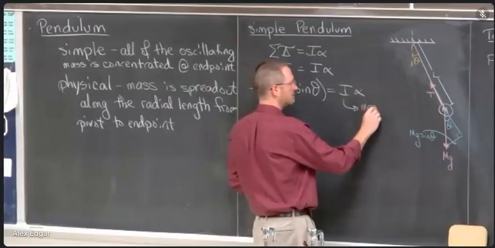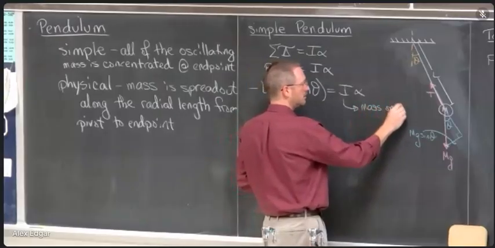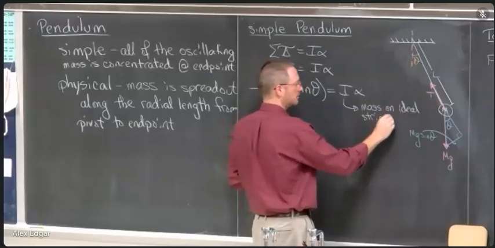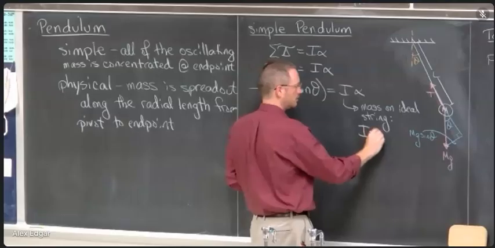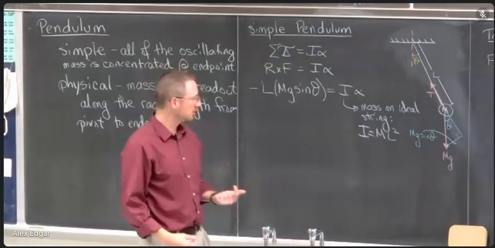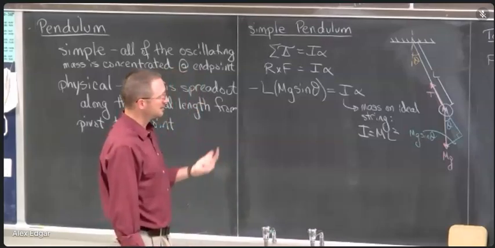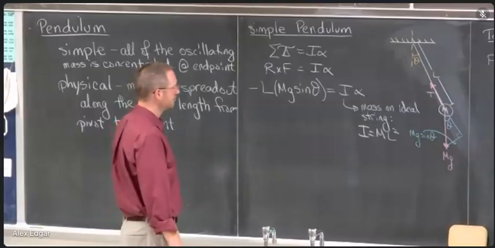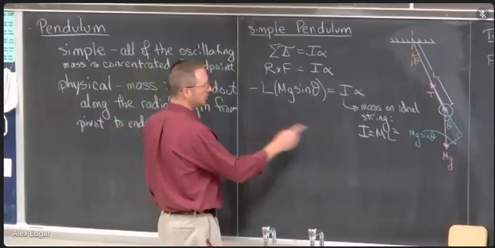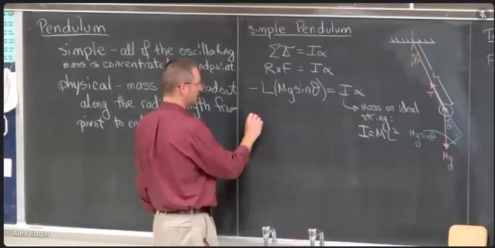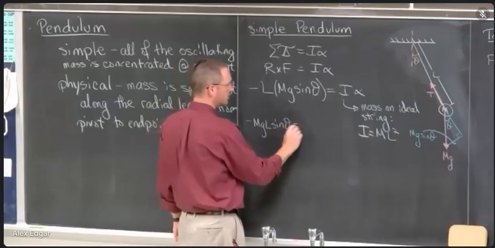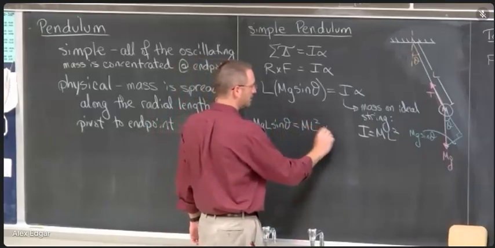So mass on an ideal massless string, that's going to be mr squared, and in this case the radius of the circle that's going to be described by the motion is the length of the string. So I'll just skip straight to ml squared there. When we substitute those in, we're going to have minus mgL sine theta equals ml squared alpha.